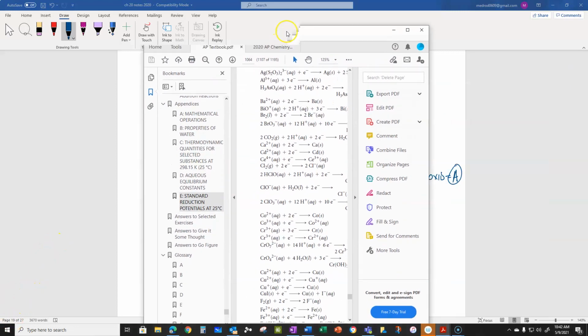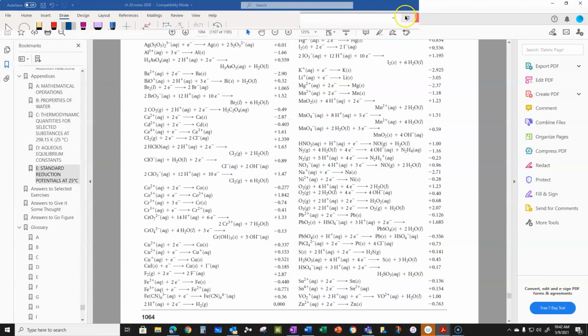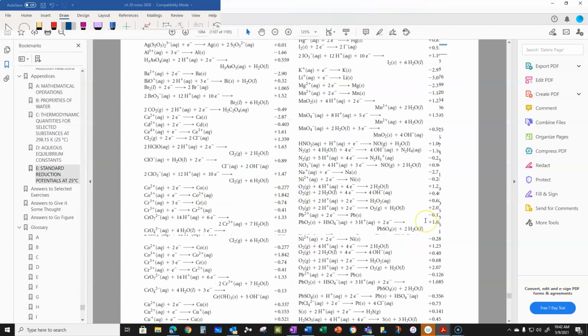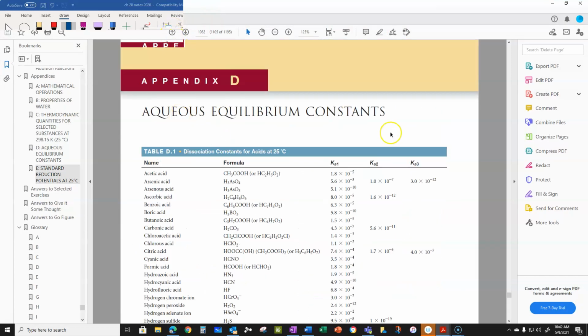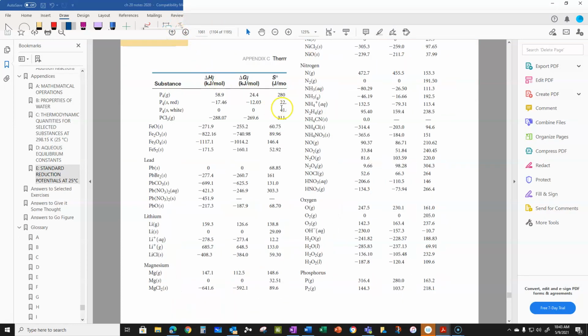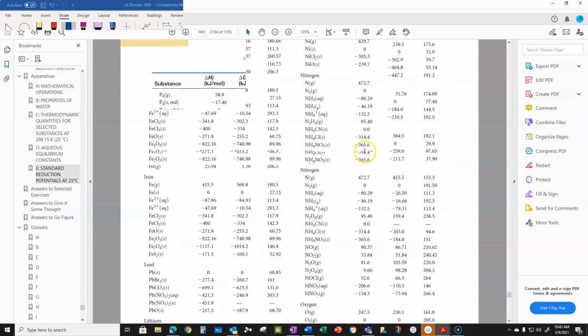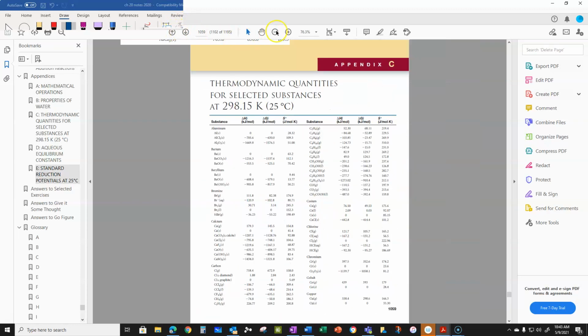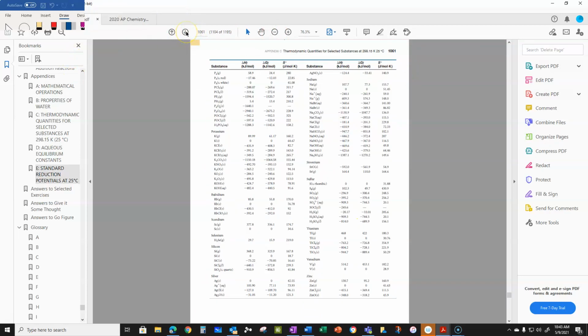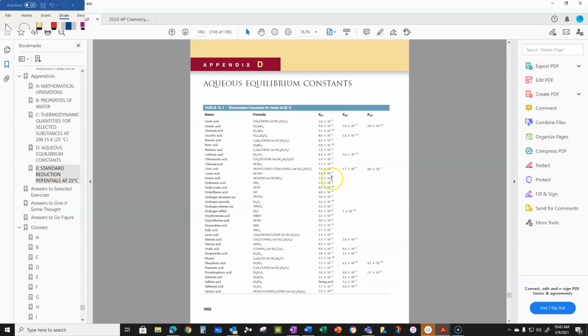All right, in the back of the book, remember we had our Ka values, we had our thermodynamic values, which I believe was appendix C, and then we had our Ka values.